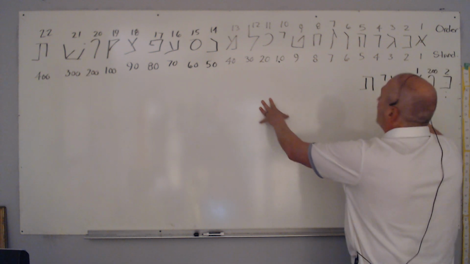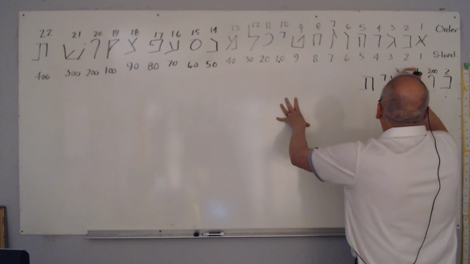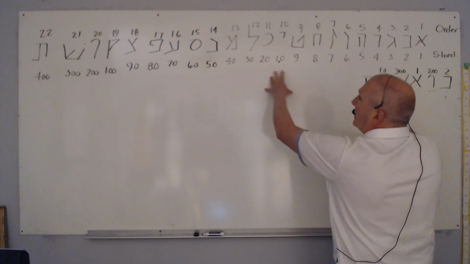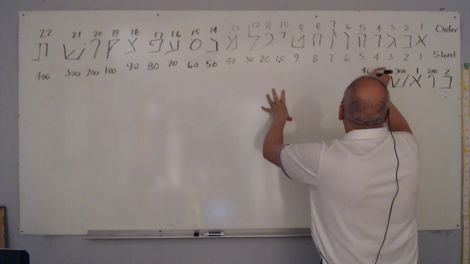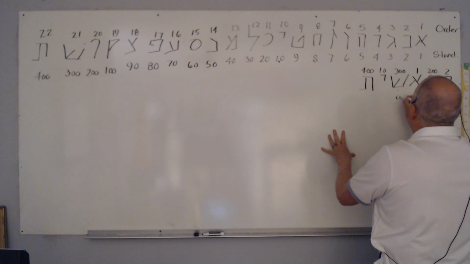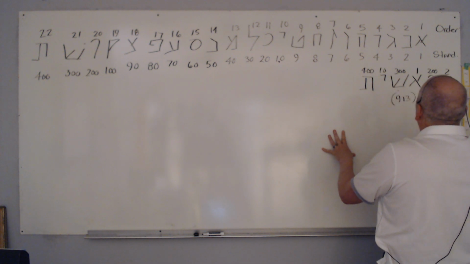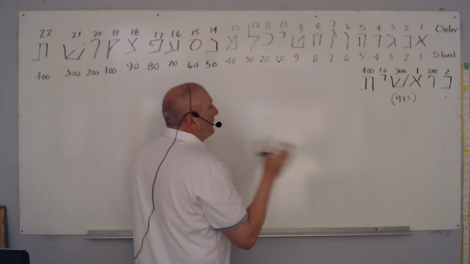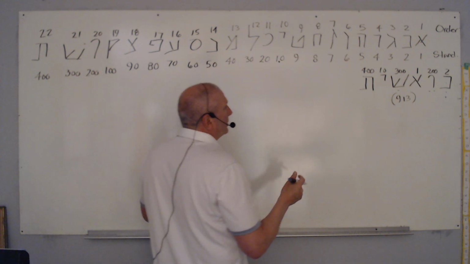There's 1. Shin is 300. Yod is 10. Tav is 400. So at this point we have 400, 700, 913. So our letters have worked out. There are 7 words, 28 letters in Genesis 1:1.